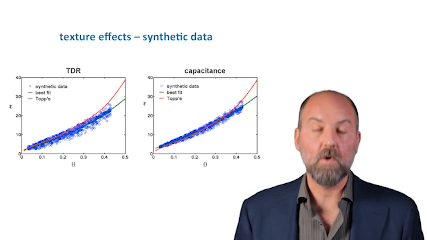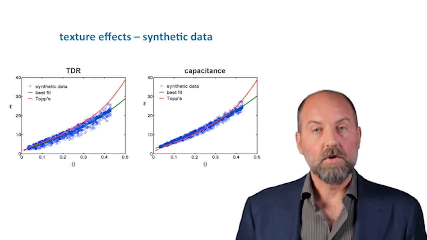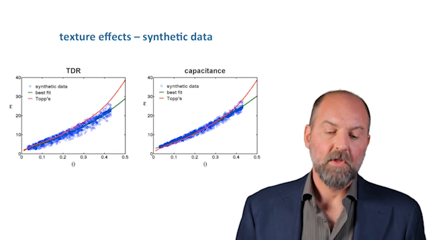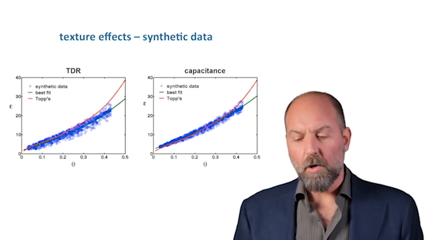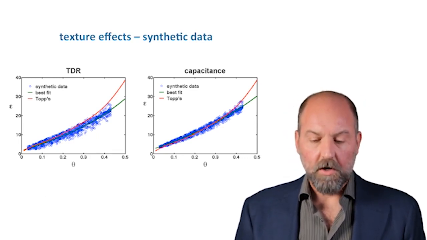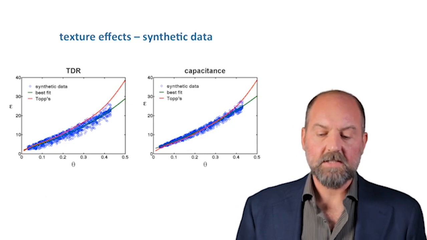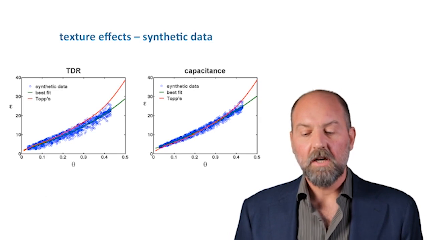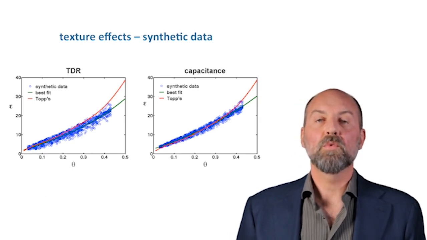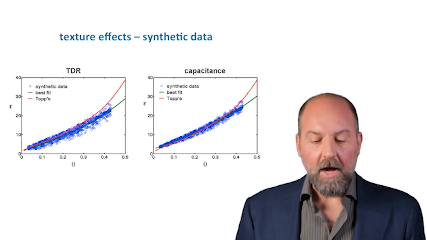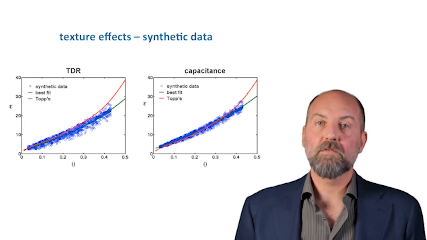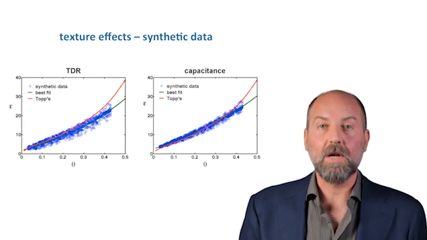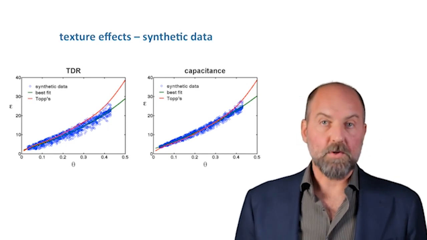And this is in fact what we see here. Again, those are synthetic data. Those are obtained through the model I have described before. One point that is worth remarking here is that whether we estimate it through capacitance or TDR, the data reproduce quite closely the results that were obtained by Topp. I have reproduced here with a red line Topp's equation.